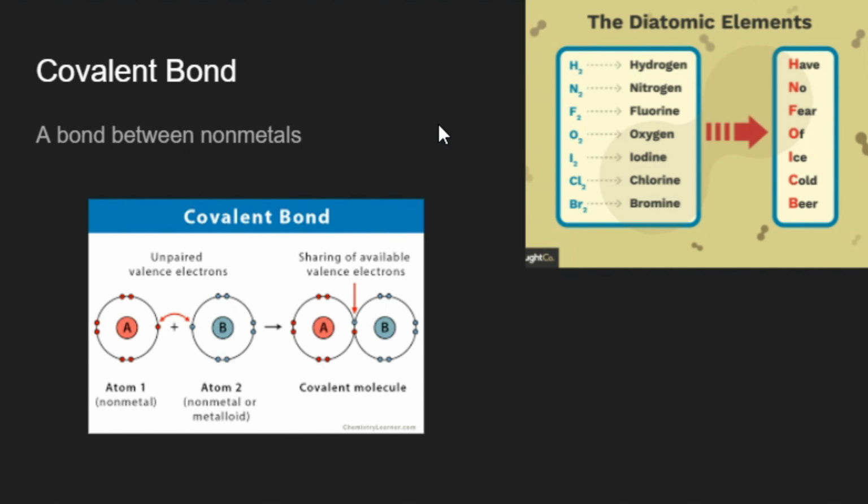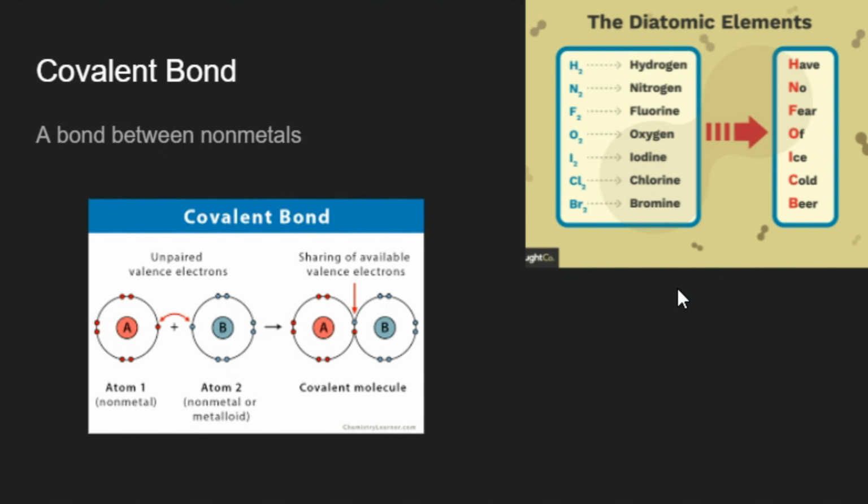They're often paired, right? Here's some of the list. Hydrogen appears as H2. Nitrogen is N2, and fluorine is F2. Oxygen is O2. Iodine is I2. Chlorine is Cl2. Bromine is Br2.